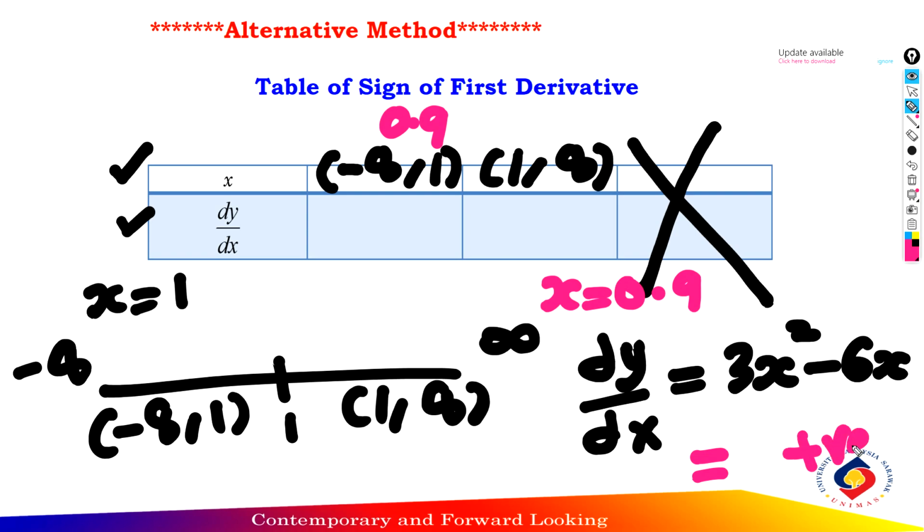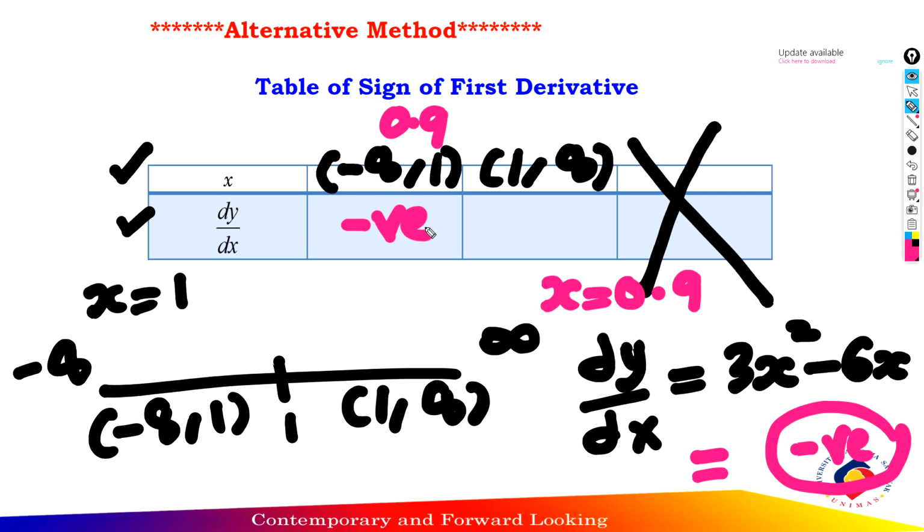This one you check using a calculator. It equals a negative sign. So in the first interval, the first derivative has a negative sign.